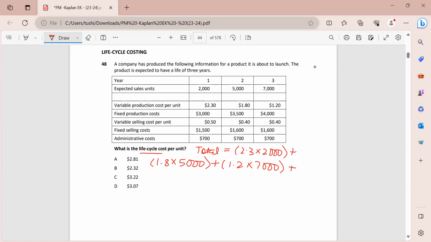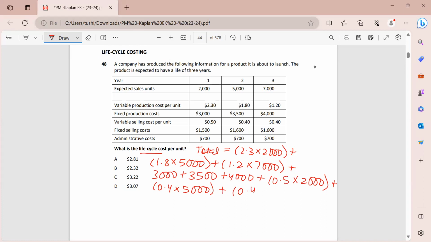Then I will add my fixed production costs, which is 3,000 plus 3,500 plus 4,000. Then I will have 0.5 multiplied by 2000, because again these are variables, so these will be multiplied by the number of units. So 0.4 multiplied by 5000 units, and then for year 3 0.4 multiplied by 7000 units.